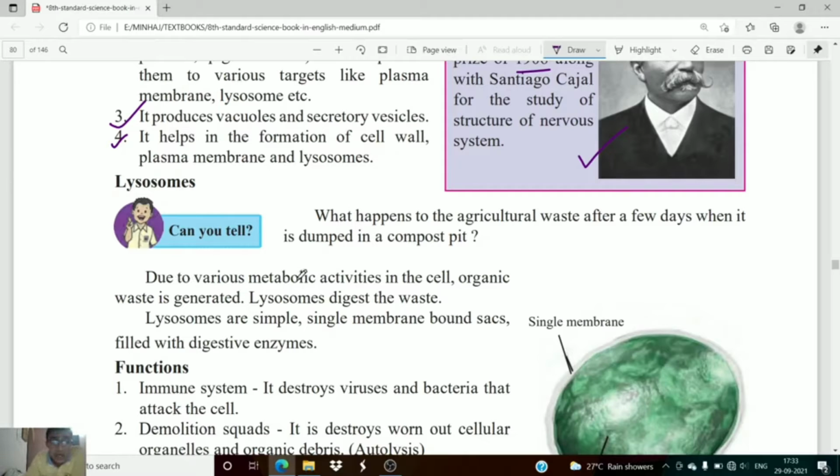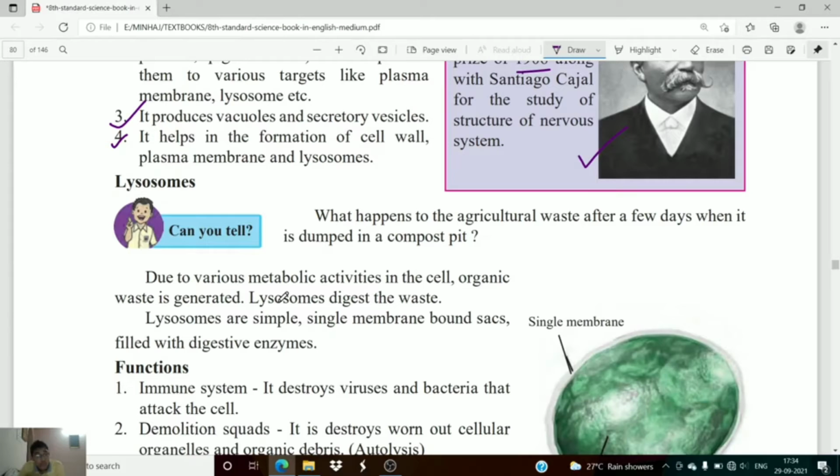Now let us see the lysosomes and their function. Due to various metabolic activities in the cell, organic waste is generated and lysosomes digest the waste. So lots of metabolic activities are taking place within the cell, and when some reactions are taking place, we get a byproduct, and that byproduct generated within the cell is called organic waste.